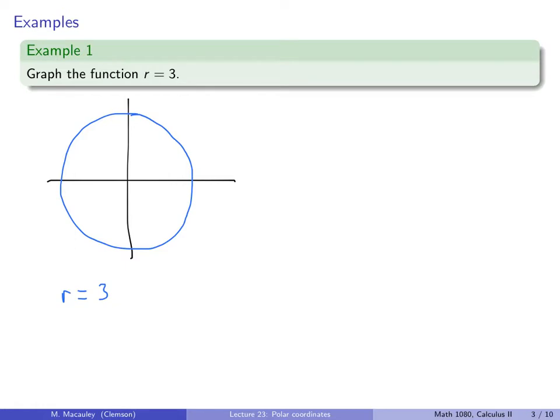Now, how do I write this circle in Cartesian? So this is in polar. If I were to describe this circle in Cartesian coordinates, it's a lot harder. I have to say x squared plus y squared equals 9. So in this case, polar is preferred. This is easier.